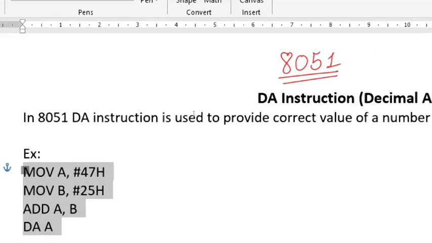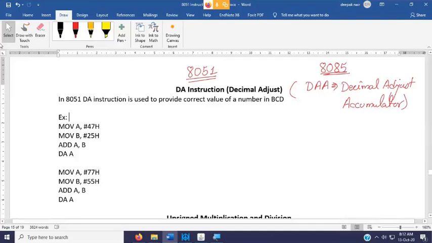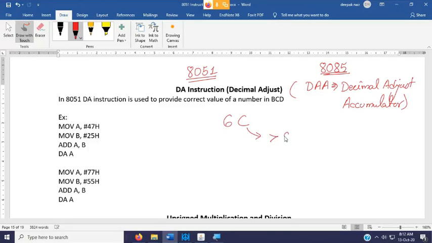Now the question is, after the addition we got the number 6C. Out of these two digits, only C is greater than 9. So when I pass this command decimal adjust, it will only adjust that particular digit for you.